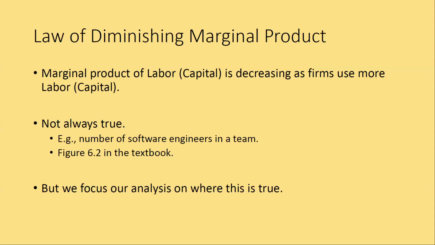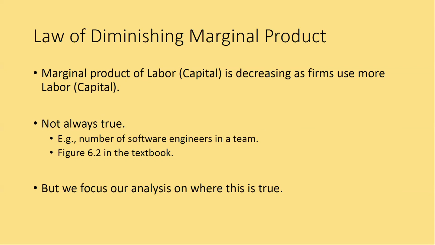In this case, by hiring even more software engineers, the benefit that we obtain from brainstorming is going to decay, but the cost, which is the coordination problem, will become more and more important. And here, the marginal product of an additional software engineer is going to be diminishing. So over different regions, this law may or may not hold.